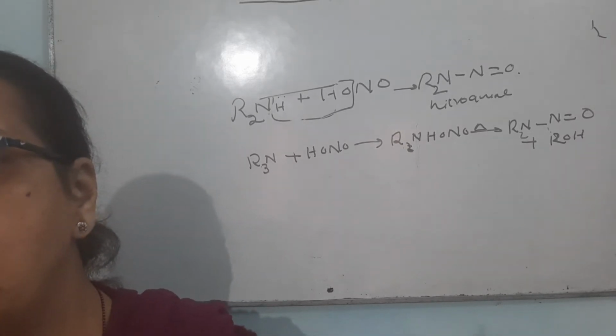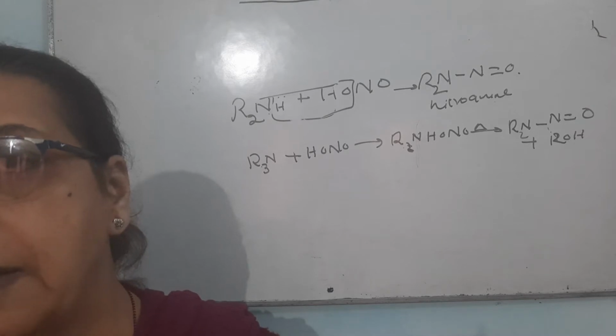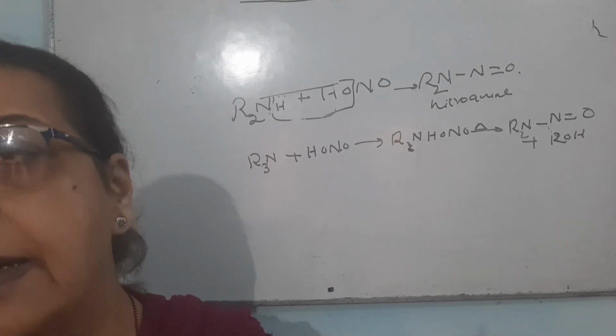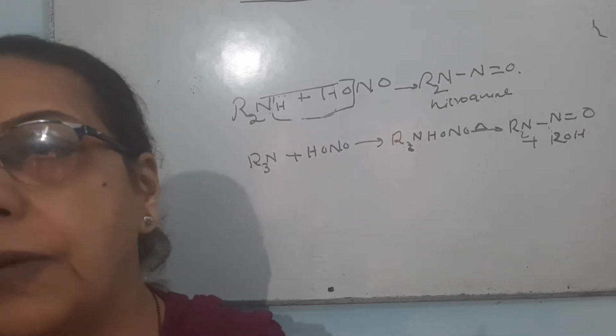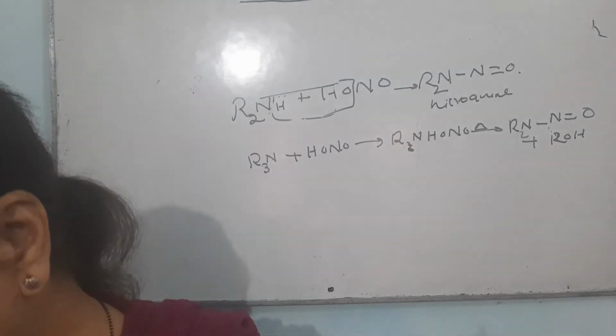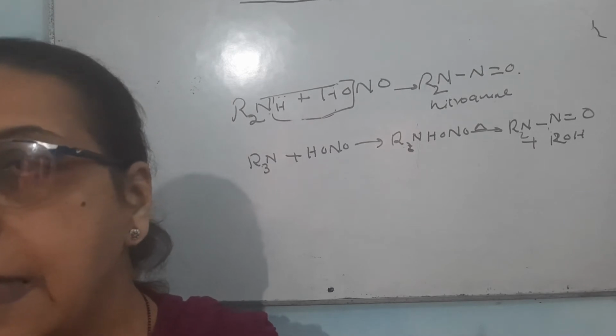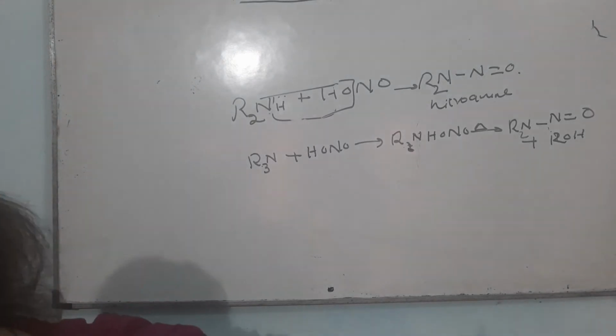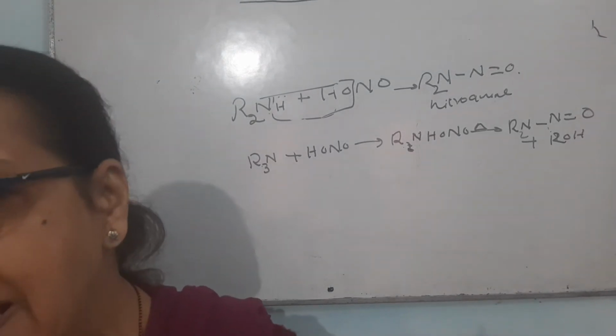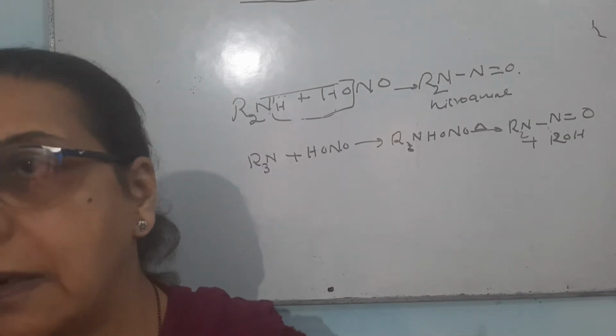Now I will come to the electrophilic substitution reactions and a distinguishing test between primary, secondary and tertiary amines. There is a reagent known by the name of benzene sulfonyl chloride.